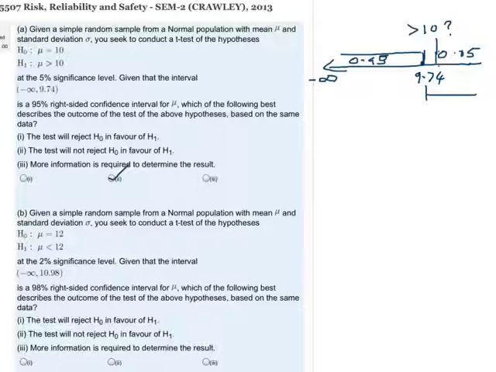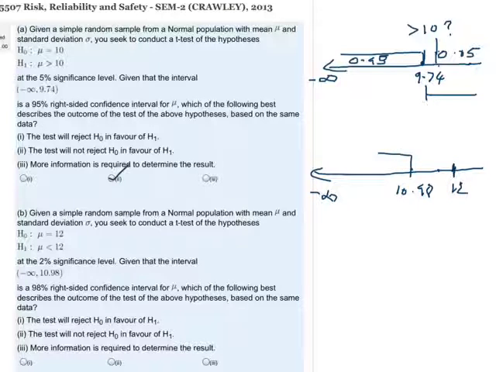Let's have a look. So in this case, we've got the same thing again. We've got minus infinity to 10.98, and we're trying to prove it's less than 12.